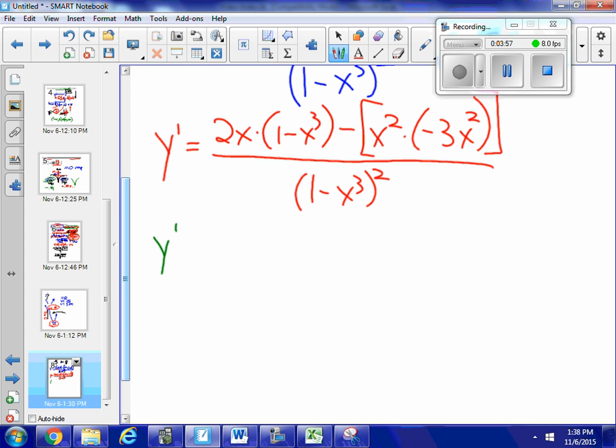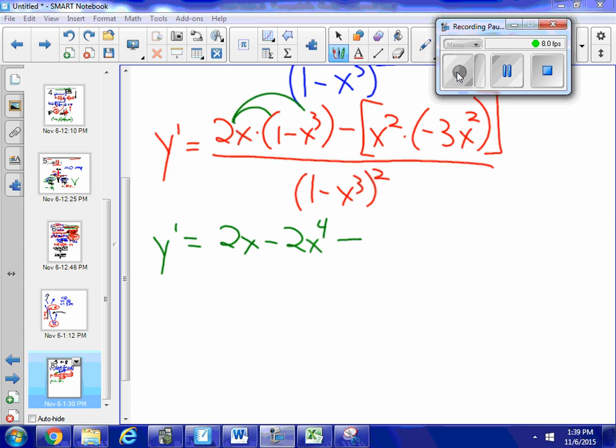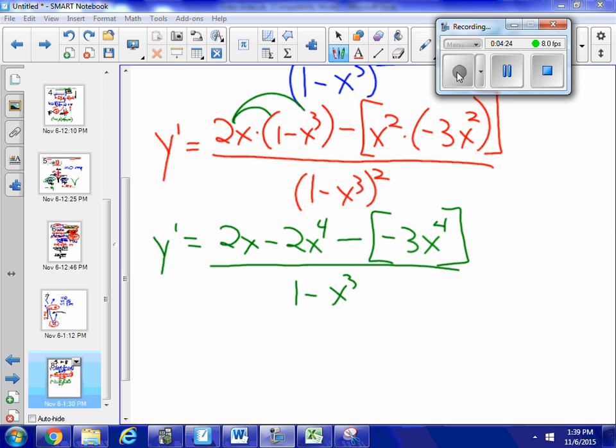Y prime is equal to, now I'm going to distribute, 2x minus 2x to the fourth. I just distributed that and that. Minus, well, inside the brackets here, it's going to be negative 3x to the fourth. And again, that's all over 1 minus x cubed squared.